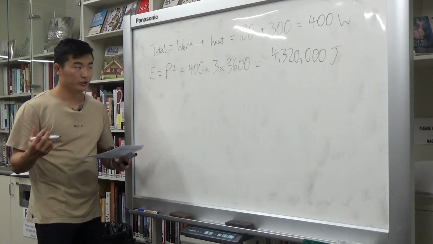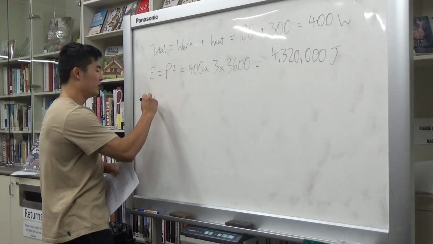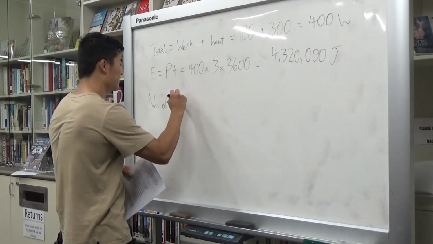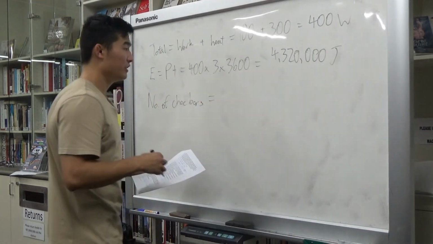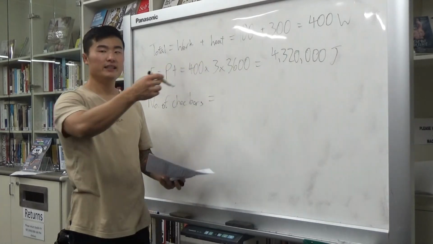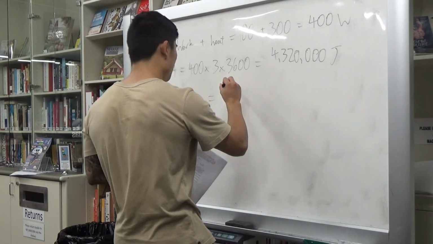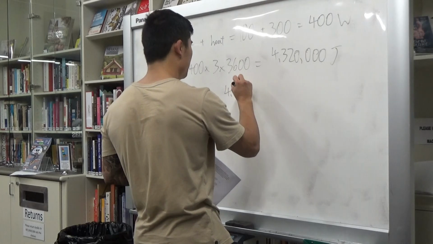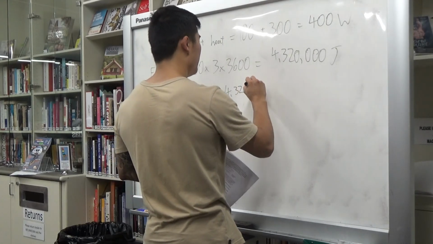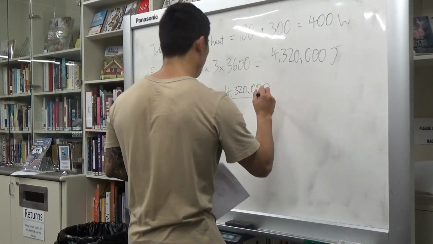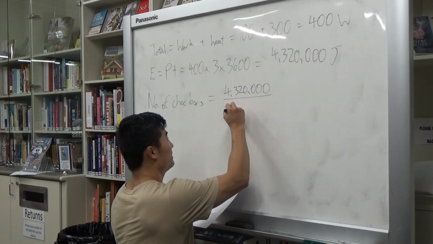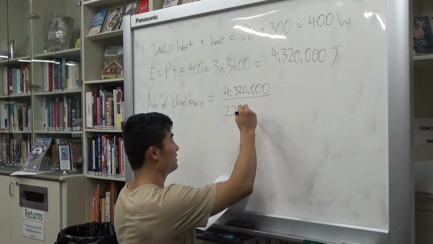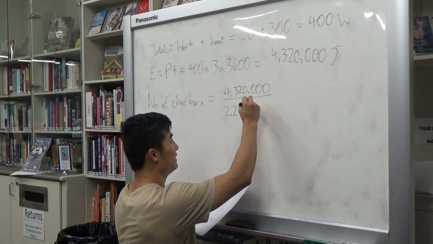So in order to find out the number of chocolate bars that she should eat, you're going to divide the total energy by the amount of energy in one chocolate bar. So 4,320,000 divided by the amount of energy in one chocolate bar, which is 2,270 kilojoules, so another 1,000.